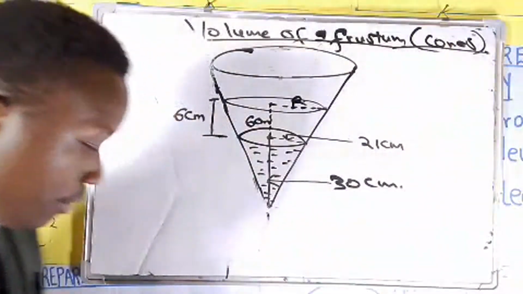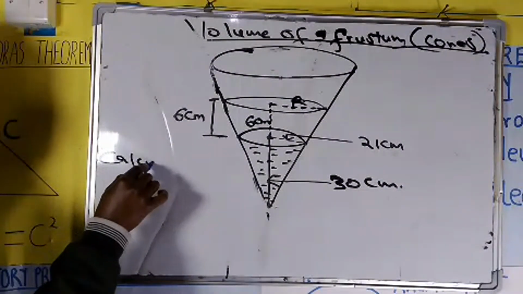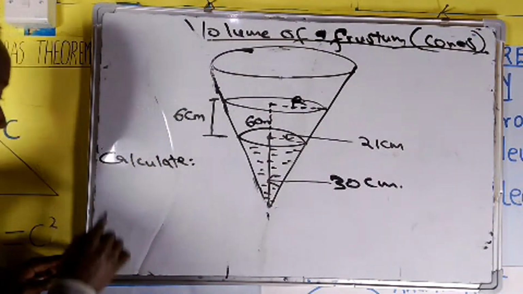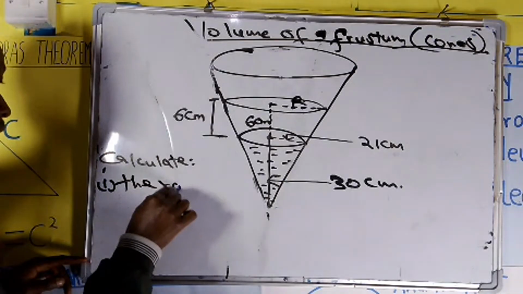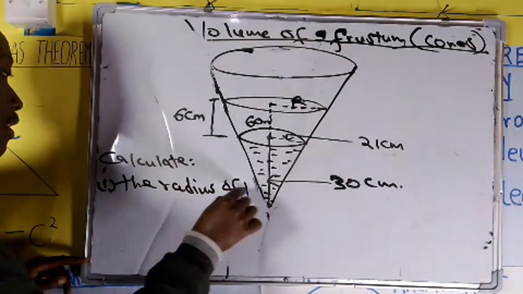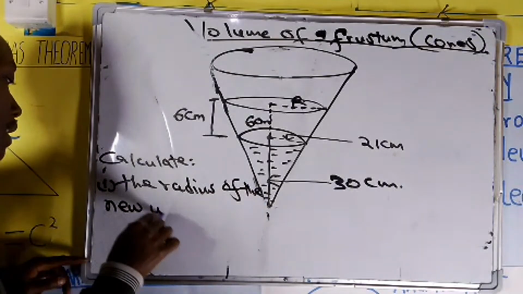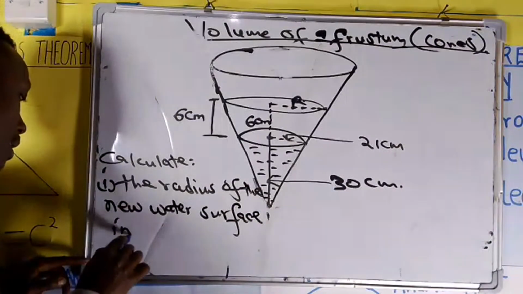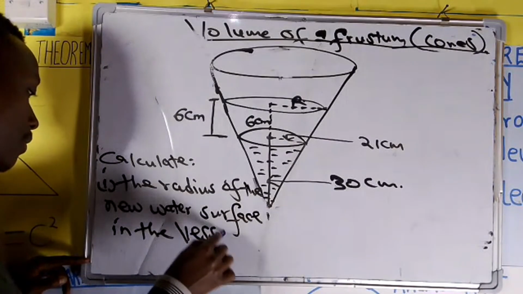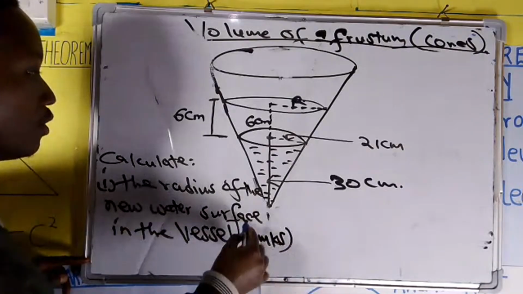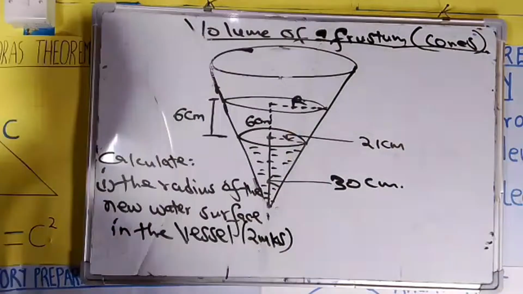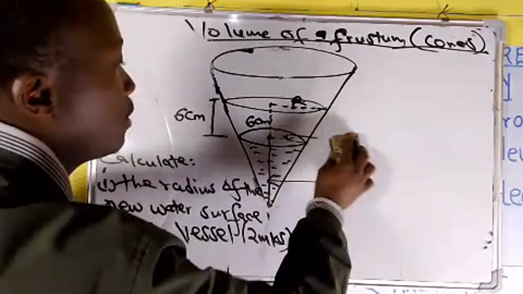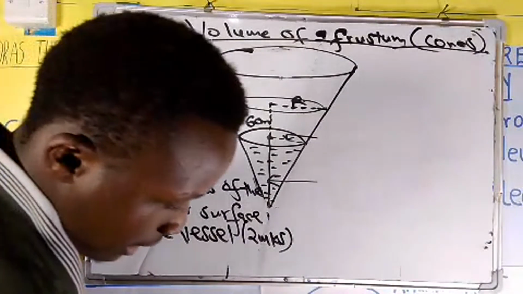The question is asking, calculate the radius of the new water surface in the vessel. 2 marks. So we are supposed to find this new radius here. And the concept that we are going to use in this case, we call it similarity. So the radius was 21.